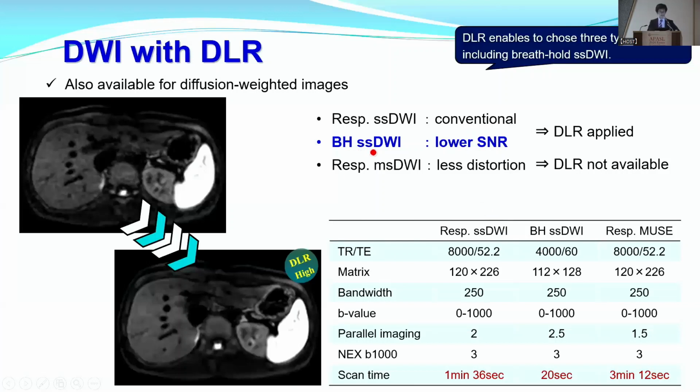Breath-hold single-shot diffusion weighted imaging can be an option because it has the advantage of shorter acquisition time compared with the other sequences. However, significantly lower SNR deteriorates image quality before applying deep learning reconstruction. However, deep learning reconstruction enables us to choose from three types of diffusion weighted sequences, including breath-hold single-shot diffusion weighted MRI.